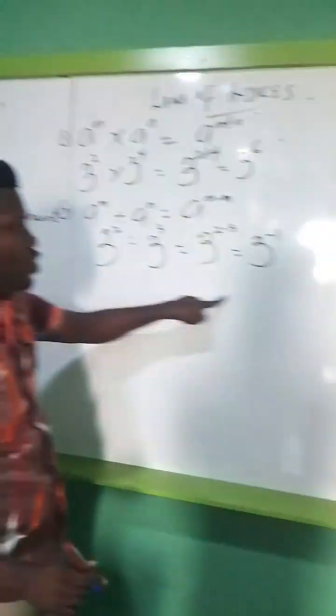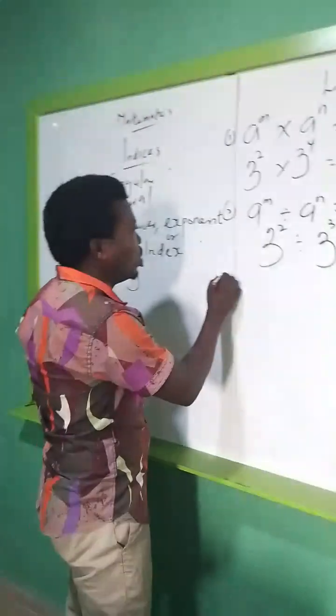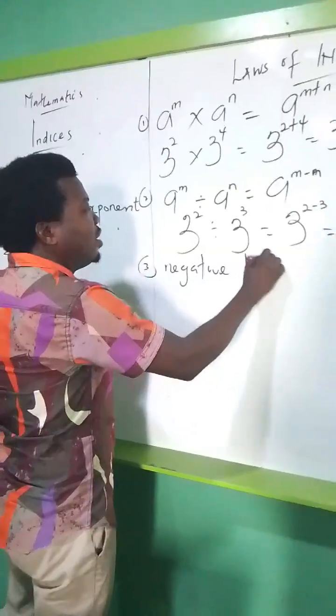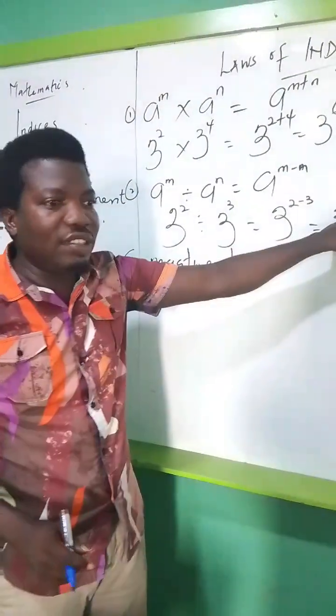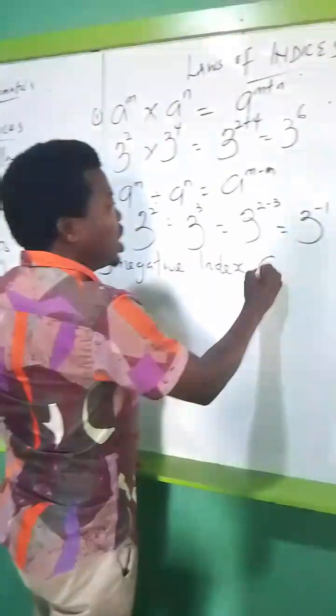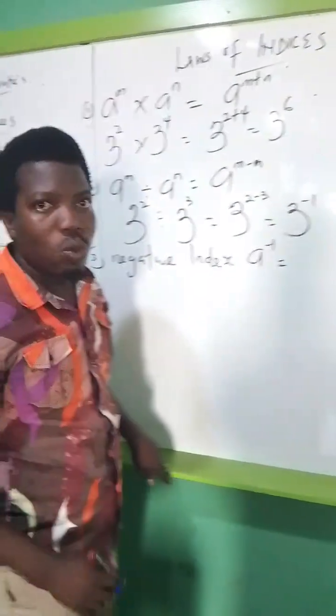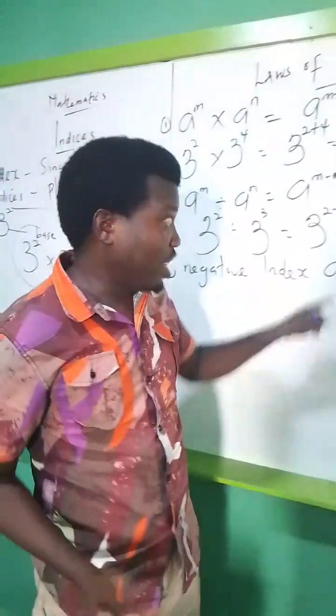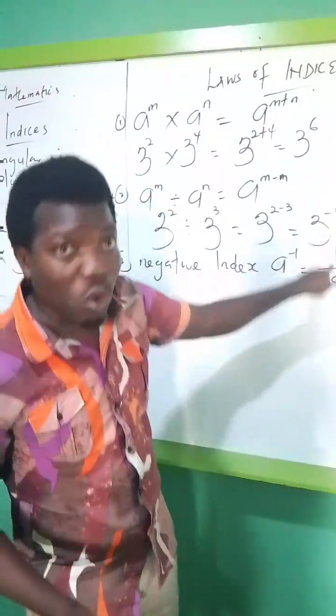This now takes us to another law, which we know as the negative index. When the index is negative, take for example, a raised to the power minus 1. What the law says is the same thing as 1 over a. Just like saying this minus will give birth to 1 over.